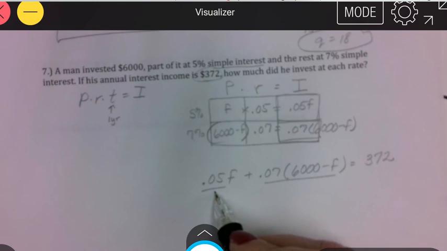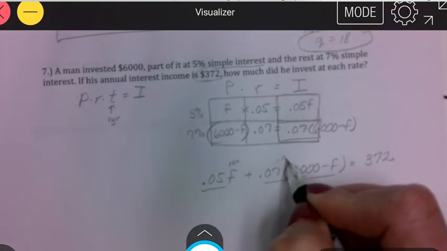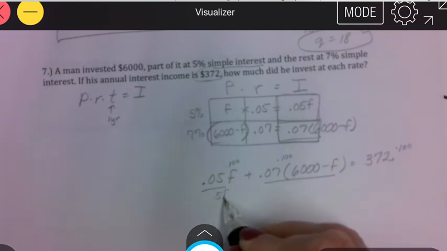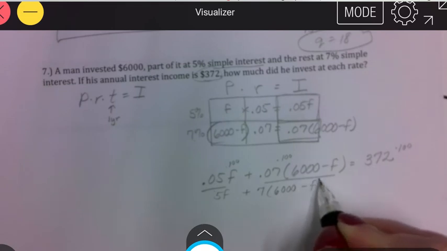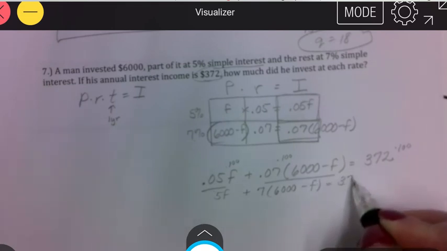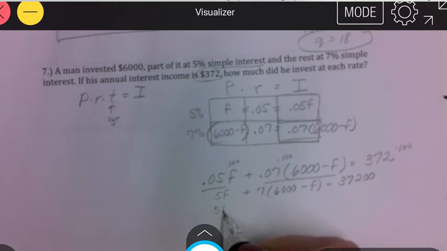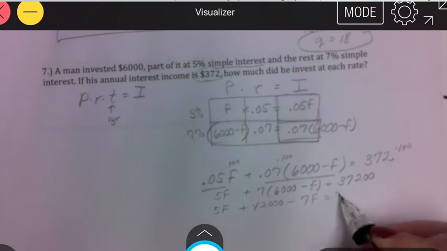I can leave these decimals in, but I'm going to multiply times 100 to get them out. So I have 5F plus 7 times 6,000 minus F is equal to 37,200. So I have 5F plus 42,000 minus 7F is equal to 37,200.